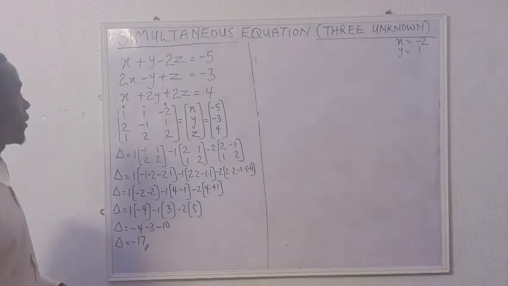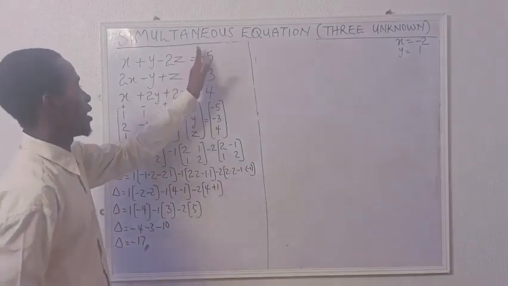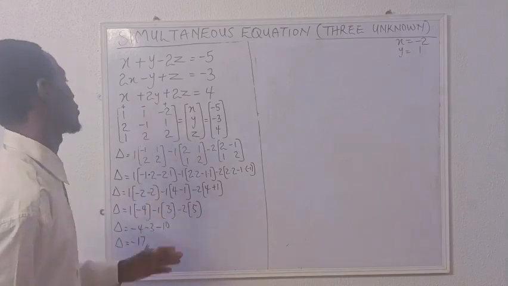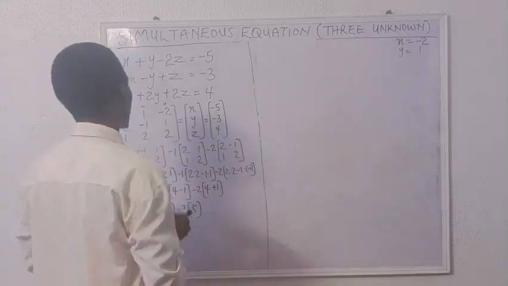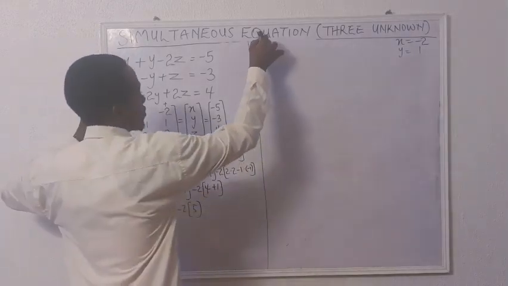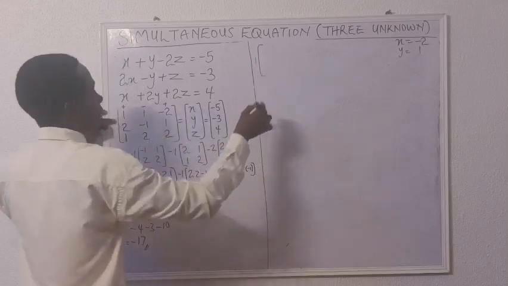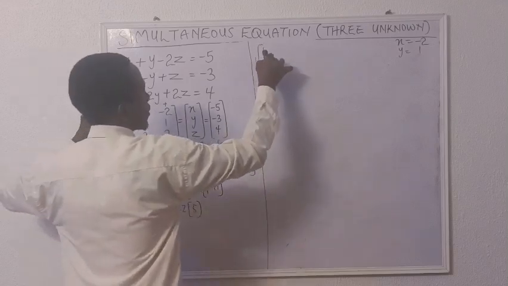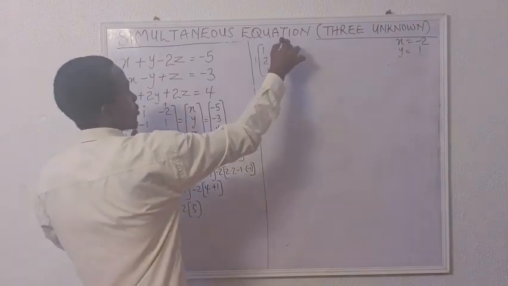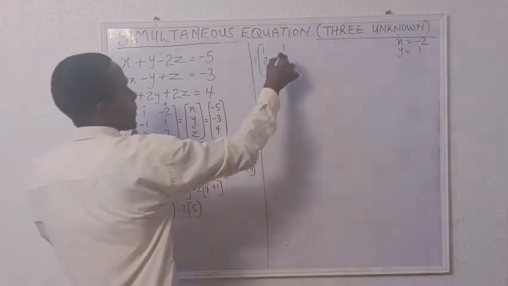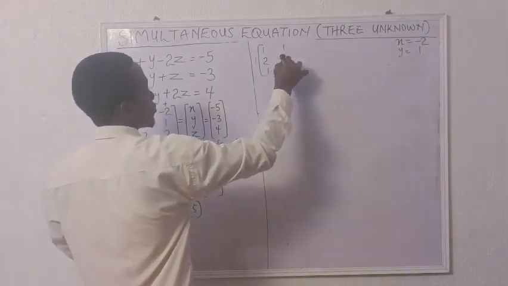Yes, to continue, like I said, I'm going to fill the answer in the third column to get my last unknown variable, which is z. So I'll continue. I'll do 1 to 1. I'm not doing anything with the first column, that was for x. In the second column, I'm not doing anything also, which is 1, minus 1, and 2.